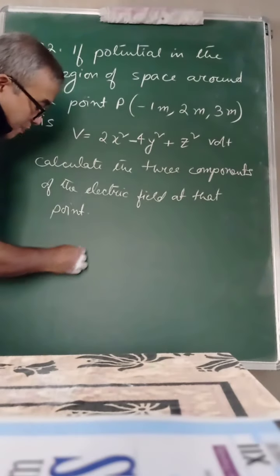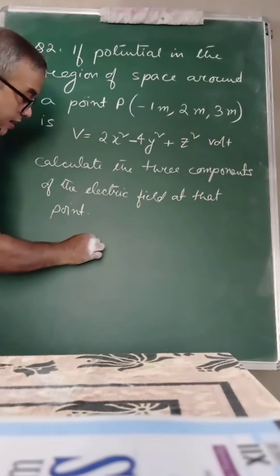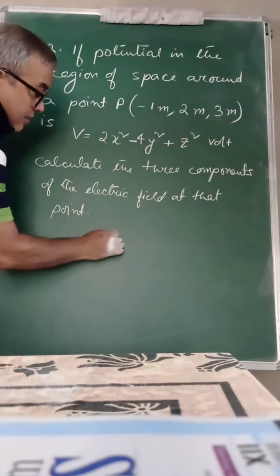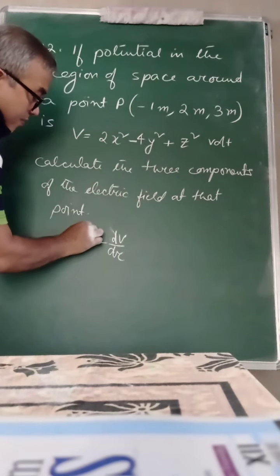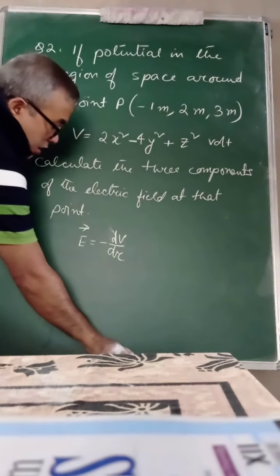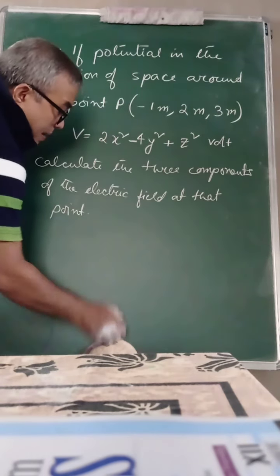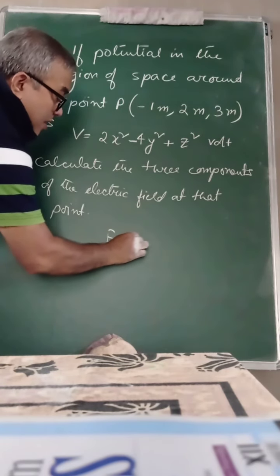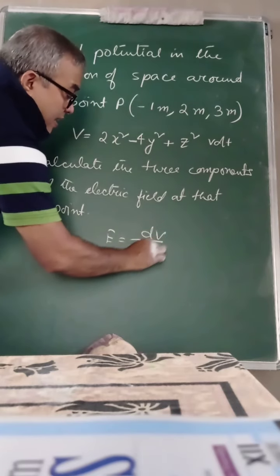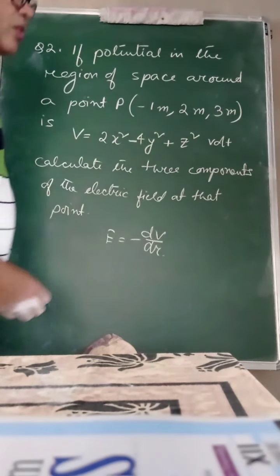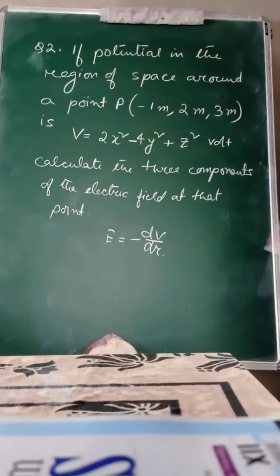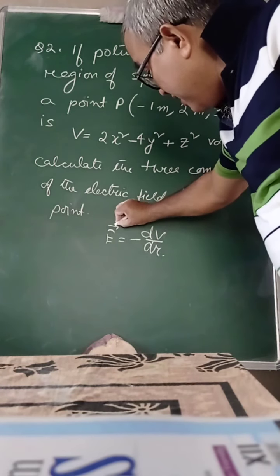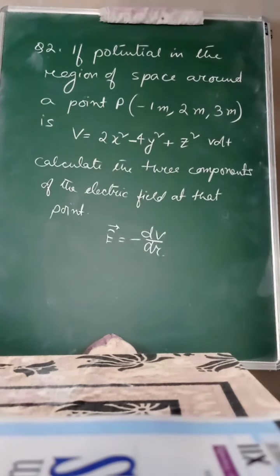So in the second lecture, we derived one relation. Can you remember? E is equal to minus dV by dr. What is the significance of this expression? The electric field is the negative potential gradient.